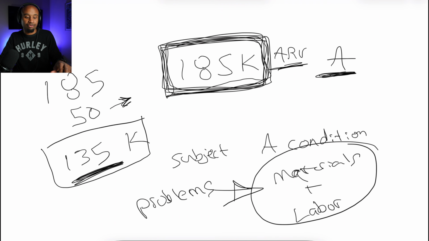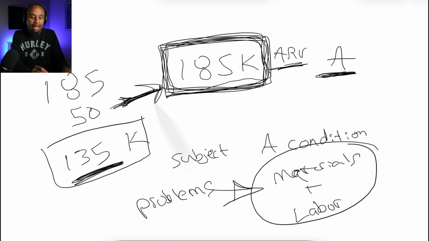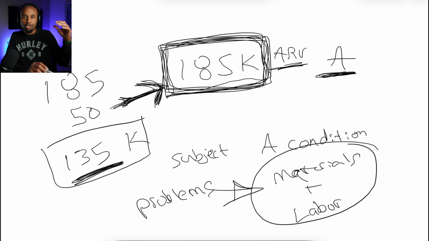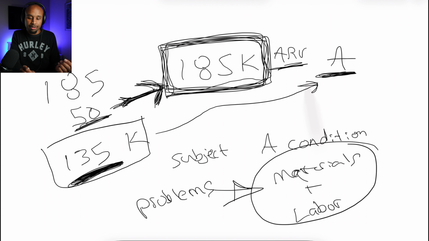If I can get the house for 50,000, I would go for this number. If I wanted to be a person who wants to turn an ugly house into a new house, I would have to buy it for 50. I would feel real comfortable having this spread right here, and I would get it to this A condition.